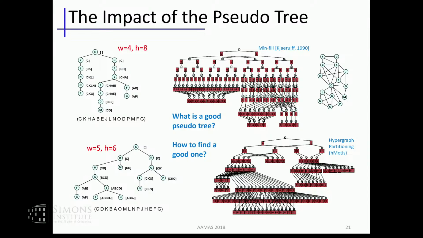If you can cache information, you want the tree width to be small. If you decide on linear memory, you want the height to be small. And it's not possible to have both parameters optimized on the same pseudo tree.